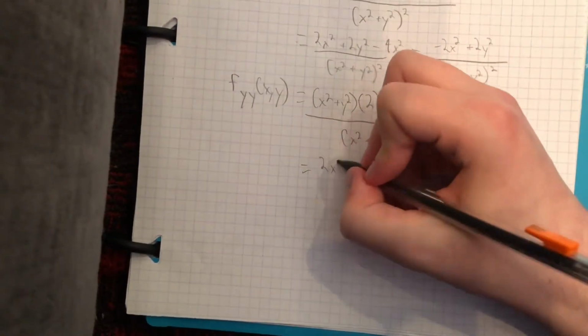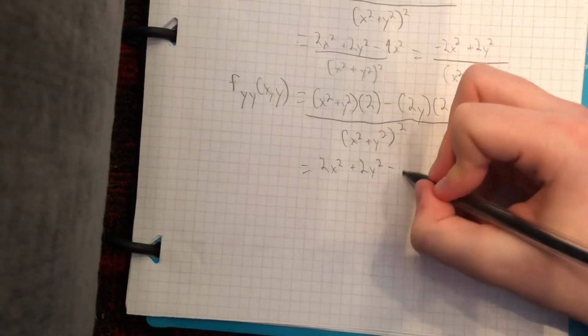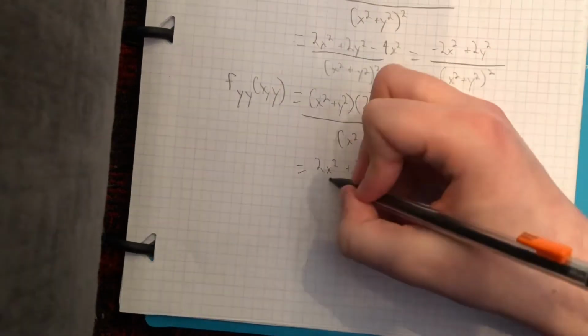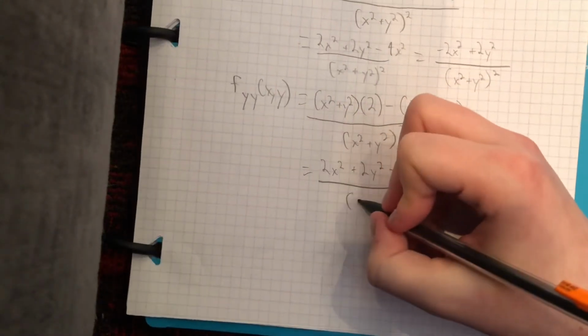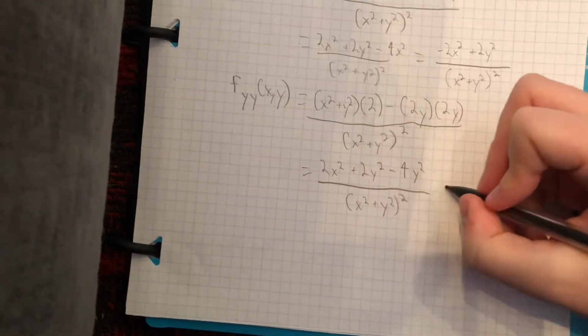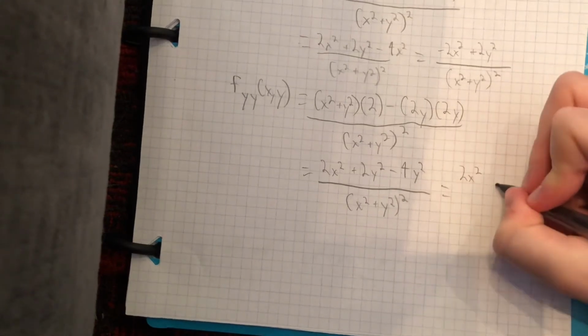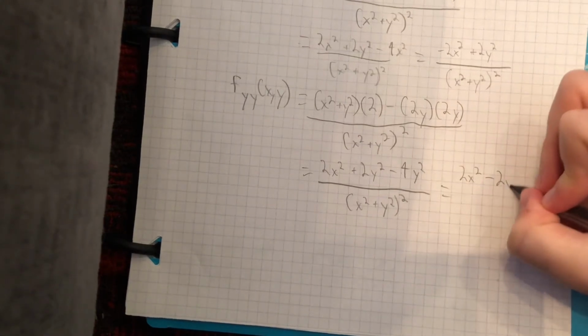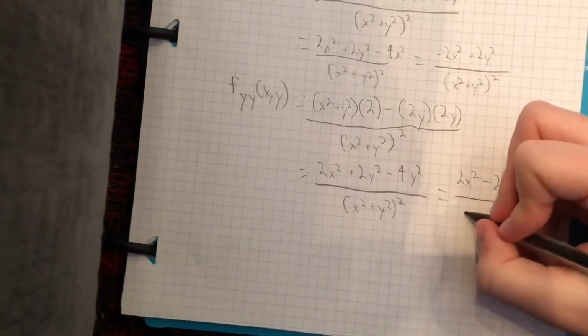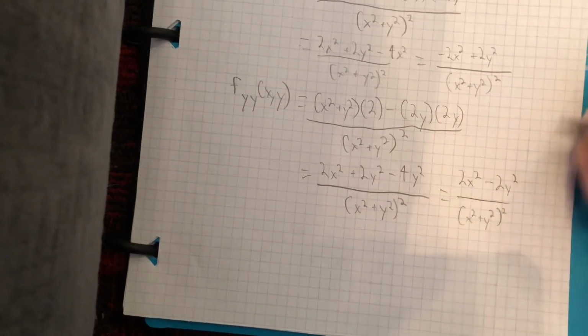We're going to get 2x squared plus 2y squared minus 4y squared over x squared plus y squared, squared, which is going to simplify to 2x squared minus 2y squared over x squared plus y squared, squared.